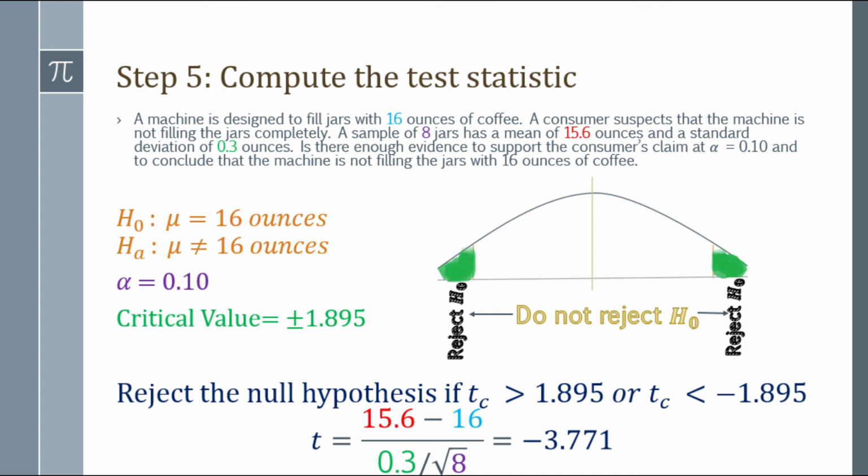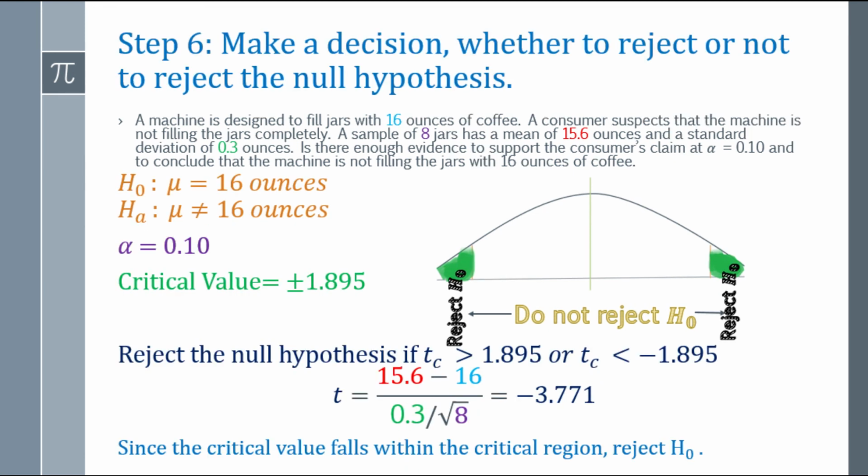So t is equal to, sa numerator, that will be 15.6 minus 16. Tapos sa denominator naman, that will be 0.3 over the square root of 8. So the final answer will be negative 3.771.